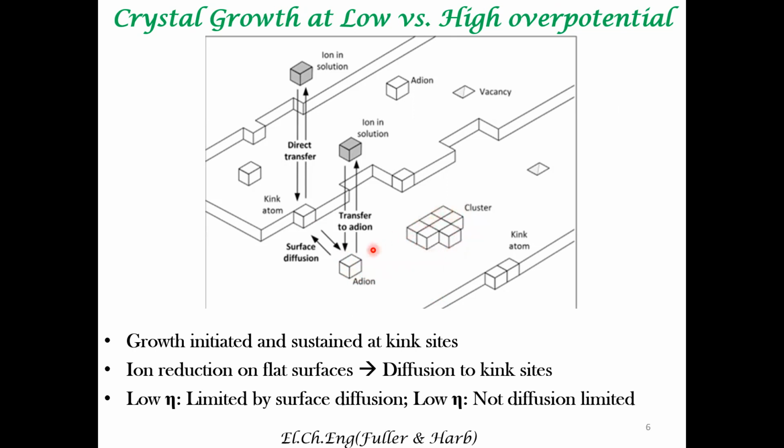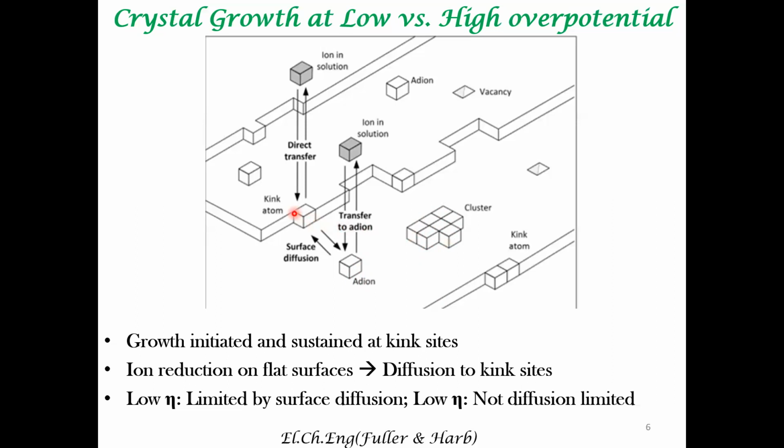Before an ion diffuses to the kink site, if another ion is deposited adjacent to this site, a cluster may grow. This occurs typically at high cathodic overpotential.